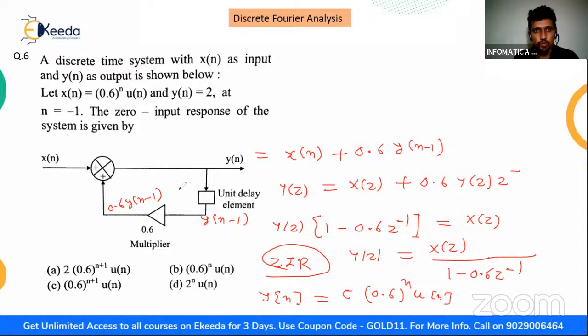Now we will find the value at n equals minus 1 to calculate this constant c.